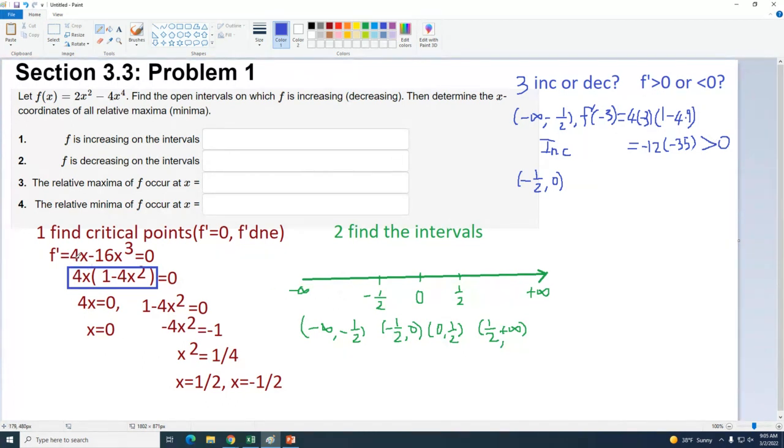4 times 1/2 is negative 16 times... what was it? 4 times 1, negative 1/2 is negative 2. 16, 0. So it looks like this. You can also graph it with a grapher, but I just want to indicate it.